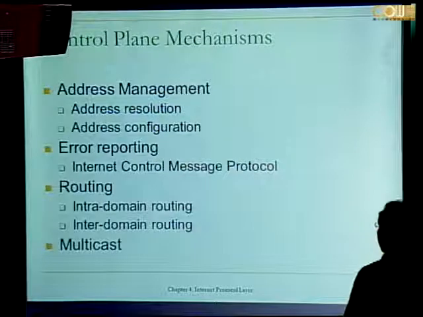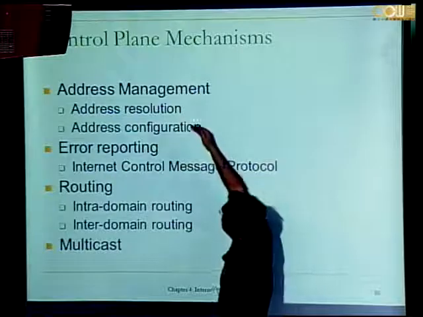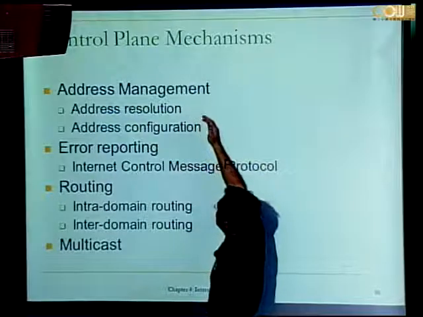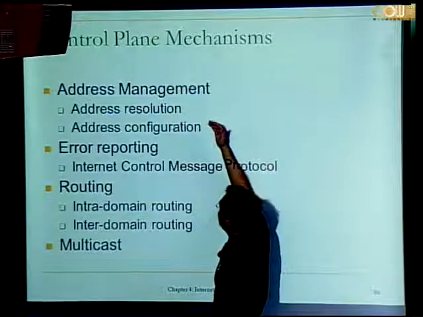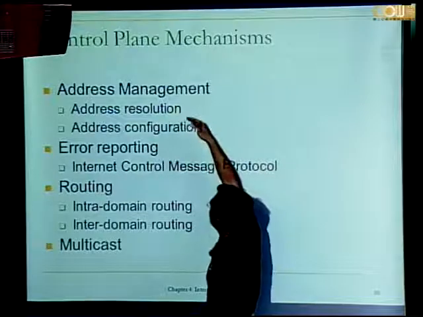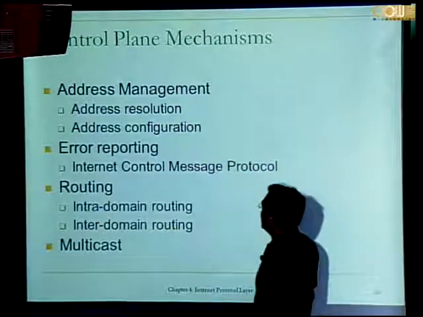How about address resolution and address configuration? The address resolution is also in the kernel, ARP in the kernel, also in the network layer, like ICMP. So together with ICMP, in the network layer and in the kernel.